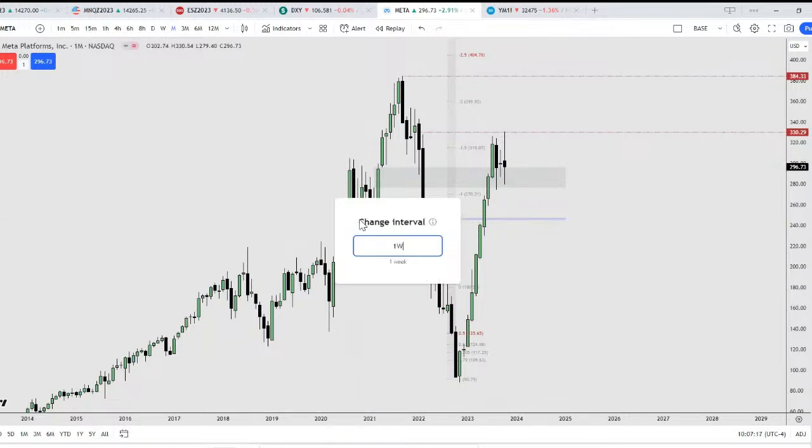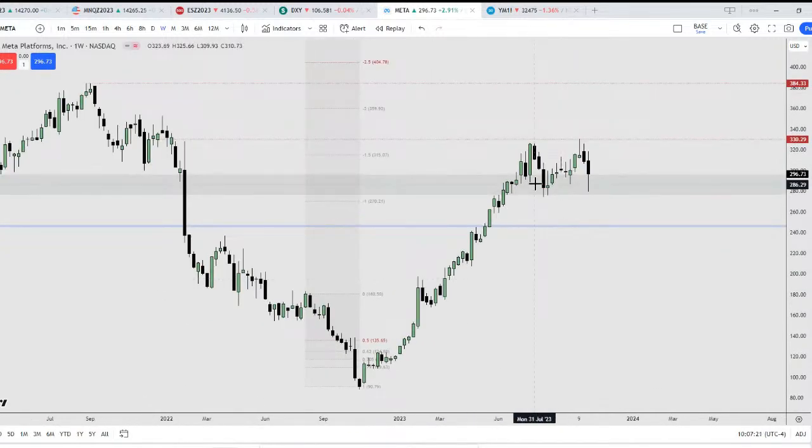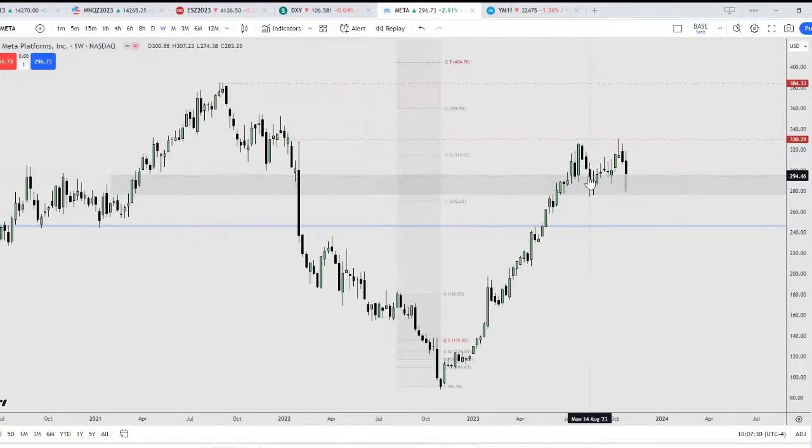On the weekly, taking out the highs here, taking out the lows here, short-term lows taken out. So we are in bearish order flow for now in the short term, or it could be just a consolidation, because it has run up really high from the lows here. So I am anticipating a downside move into this balanced price range.